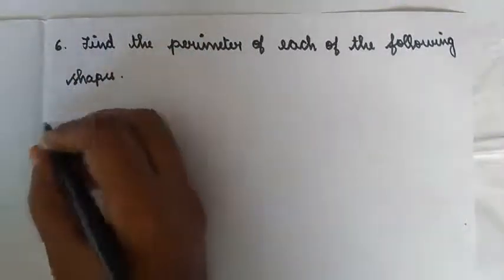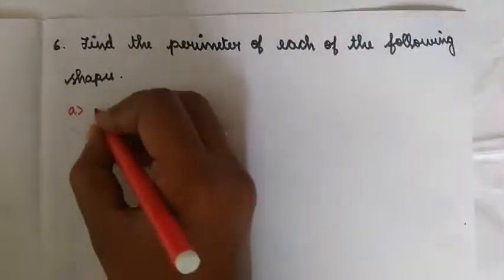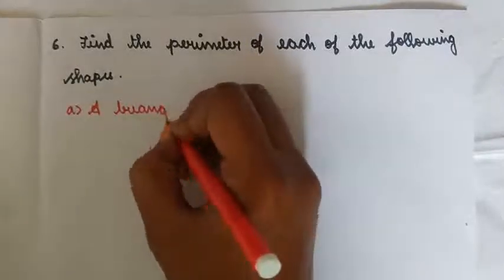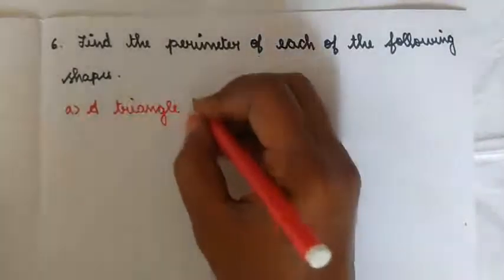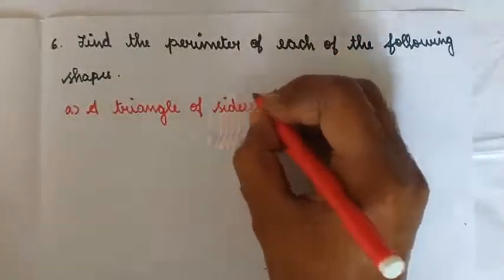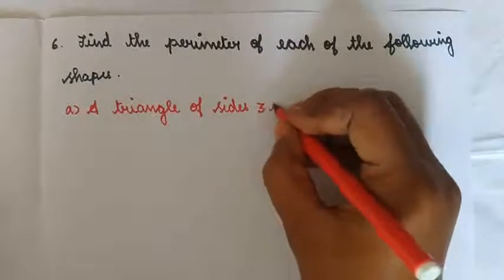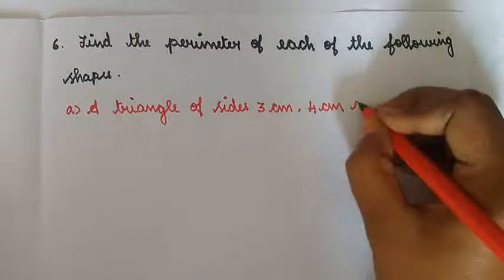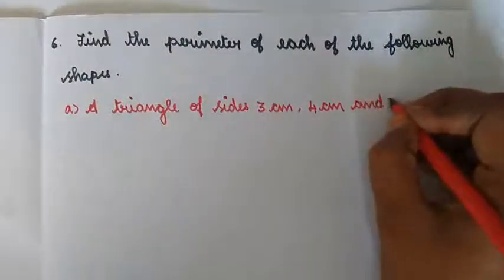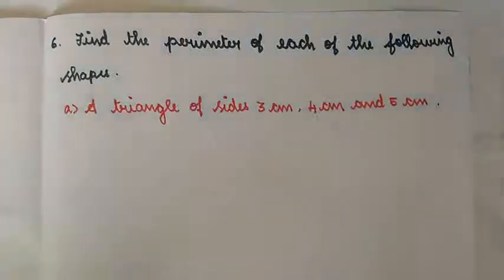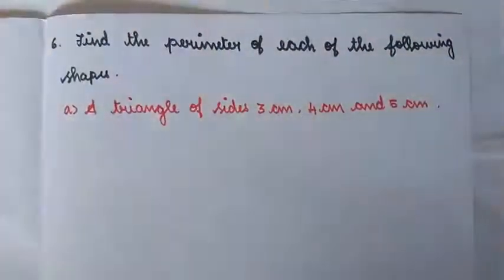Okay, let me take subdivision A. A triangle of sides 3 centimeter, 4 centimeter and 5 centimeter. The triangle has sides 3 centimeter, 4 centimeter and 5 centimeter.